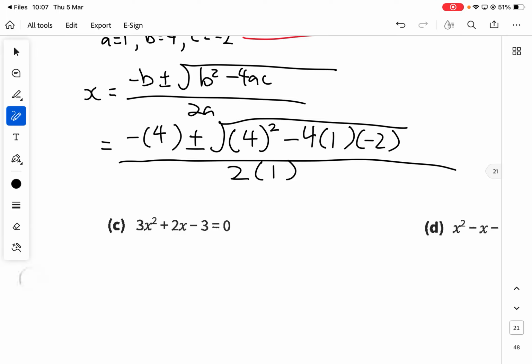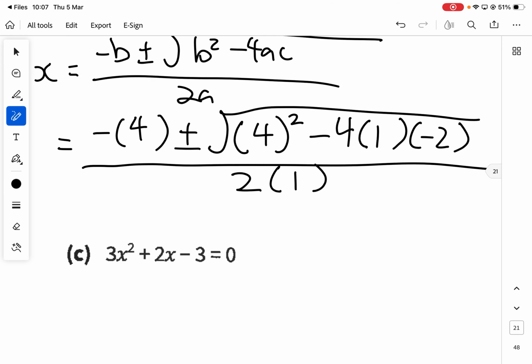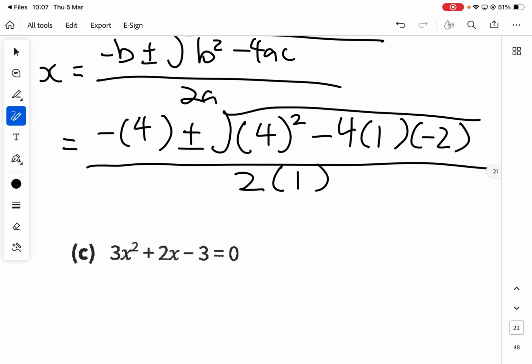So when I'm keying in the calculator, I press the plus. What I press into the calculator, you have to copy all the brackets, everything. So I press everything except this minus sign into my calculator.